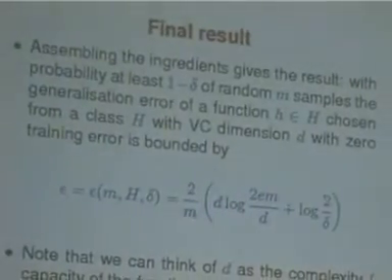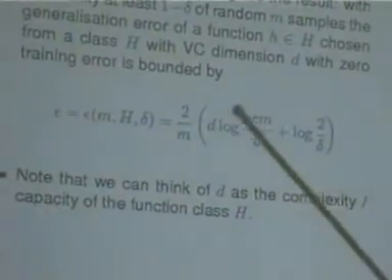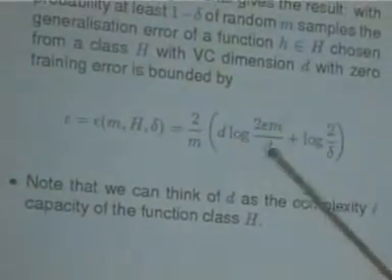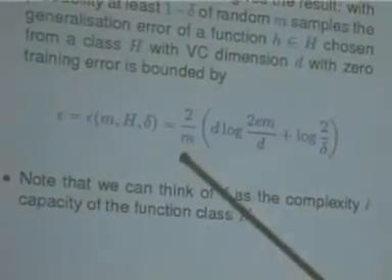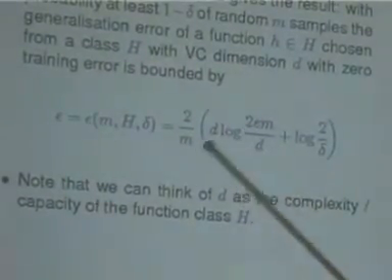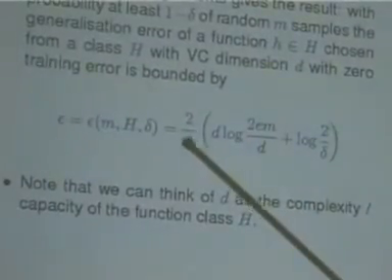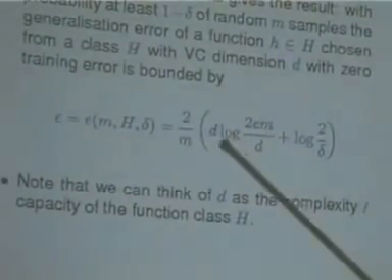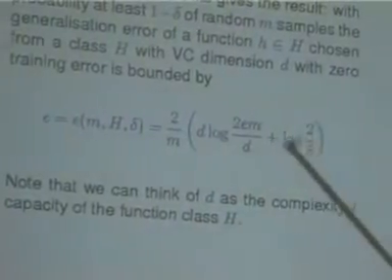And notice that the polynomial growth that we had directly translates into this logarithmic growth here in the sample size, and we're setting that against the inverse m, which is what is controlling the generalization error. So provided we take a sufficiently large sample, this is going to be dominated by this m term. This is already quite small, and we're going to get a good bound on the generalization.